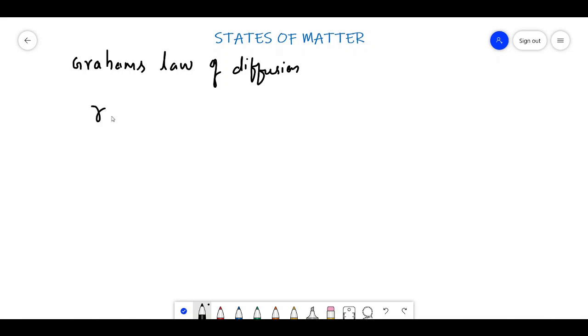So R is proportional to 1 by square root of density. We can also write this as R is proportional to 1 by square root of vapor density.